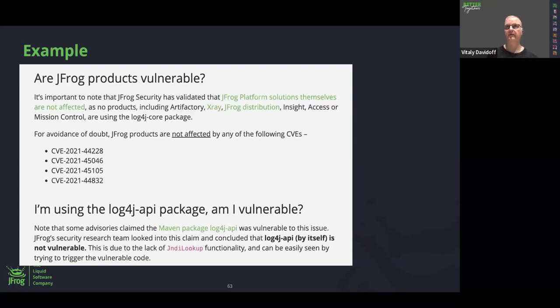Great, but because we have a software security or application security team in place, we started to think about where the vulnerable code actually is. The vulnerable code is not inside the Log4j API, because Log4j API is just the interfaces, not the real implementation. The real implementation is inside a different package, Log4j core.